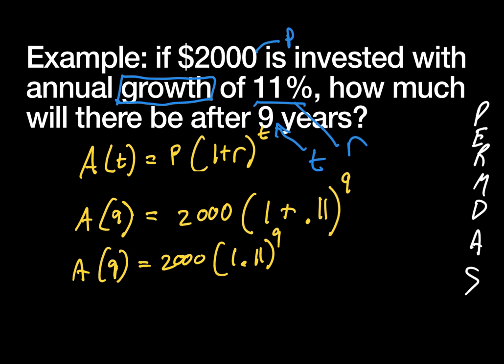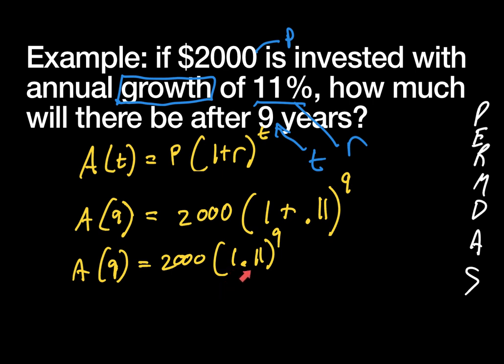Then I need to take 1.11 to the 9th power, which I cannot do off the top of my head, so I got my handy-dandy calculator right here. It's good that you are verifying these numbers when we work through it so that you are also confident. So there it is, to the 9th. So that ends up being 2.558.